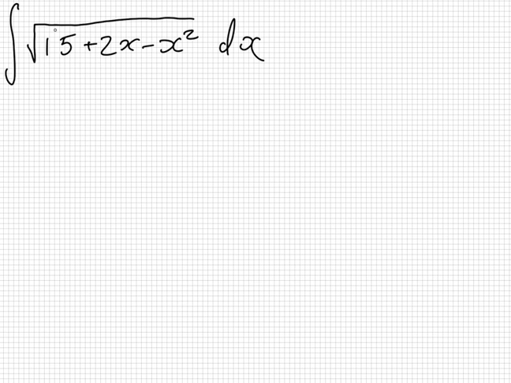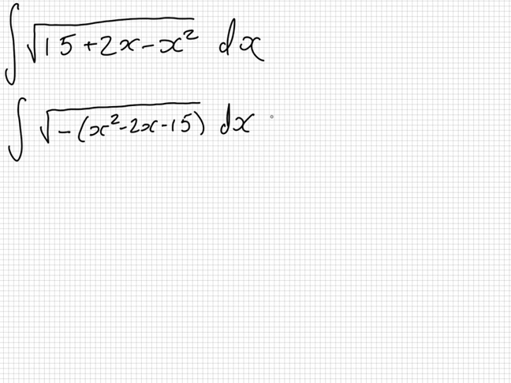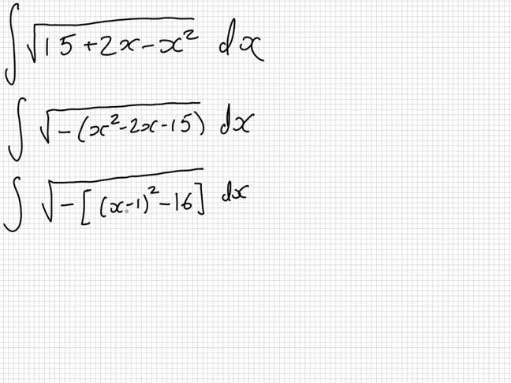Okay, let's have a look at this. So, this is square root of minus x squared minus 2x minus 15 dx, which is square root of minus (x minus 1) squared minus 16, because this will be x squared minus 2x plus 1, yeah, so that's fine.